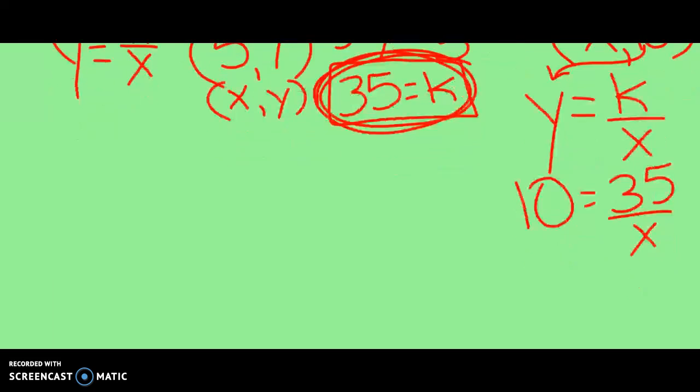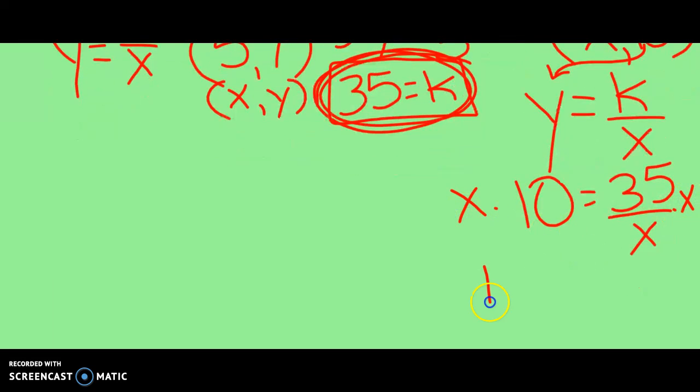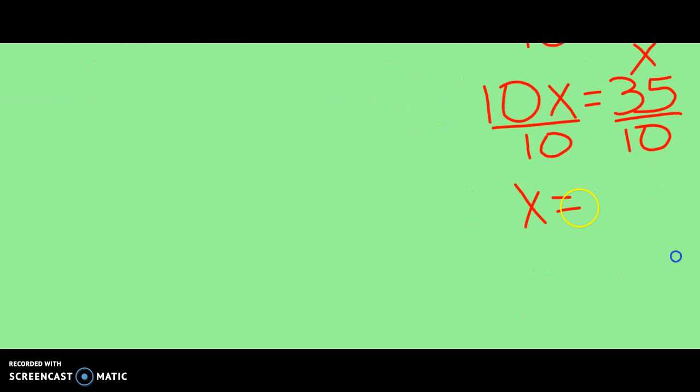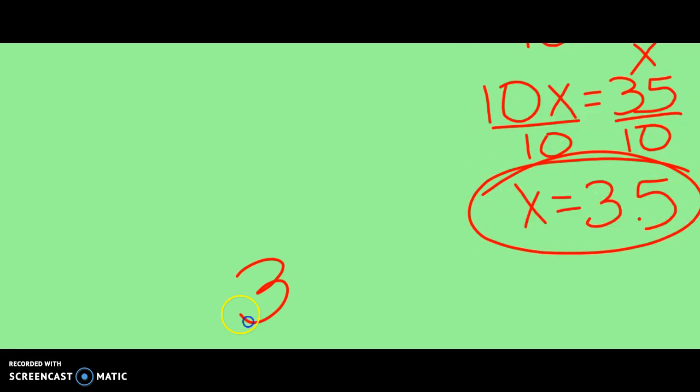This one's a little harder to do because x is in the denominator. So let's multiply both sides by x and we end up with 10x equals 35. And now we've got to divide by 10. All right, so once we get that done, we get 3.5. That basically says it's going to take 3.5 hours for 10 men to complete the job.